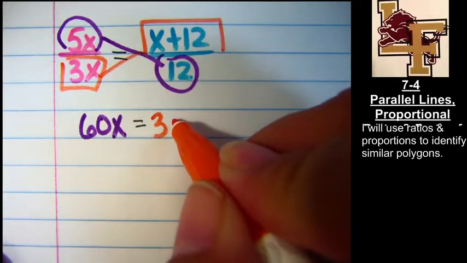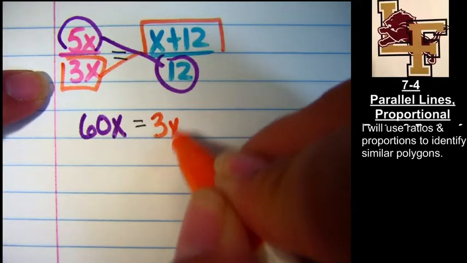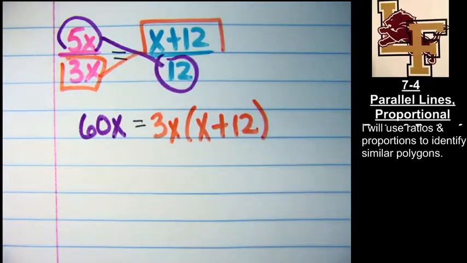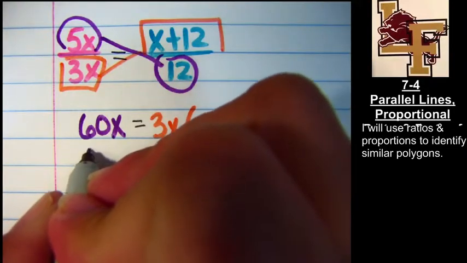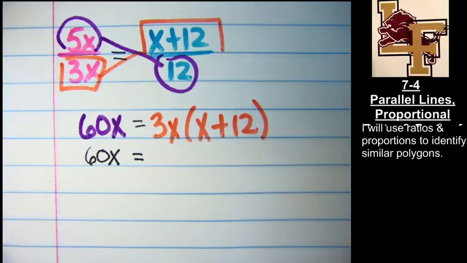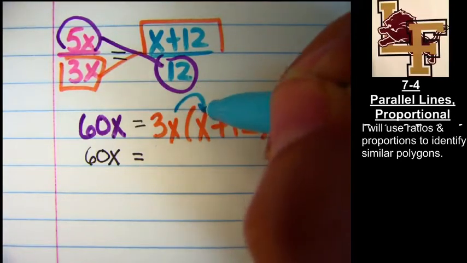36, wait, okay, I'm going to do 3x times x plus 12 because I can't think too many multiplications at once. Okay, so then this is 60x, and then here I'm going to do 3x times x.